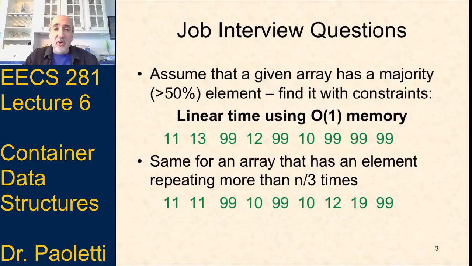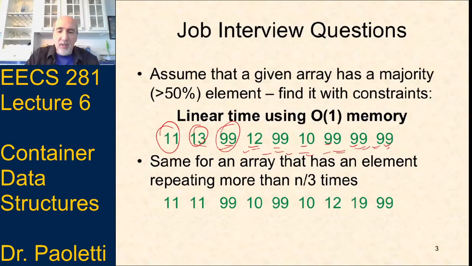So one way we could do it is we could look at every element and look at every other element. So I could look at this 11 and say, okay, I'm looking at 11, how many other 11s do I see? Okay, I'm looking at a 13, how many other 13s do I see? I'm looking at a 99 from there to the end. How many 99s do I see?